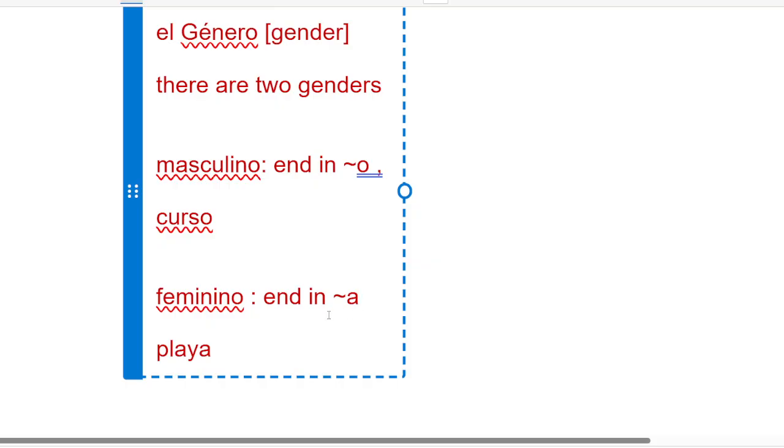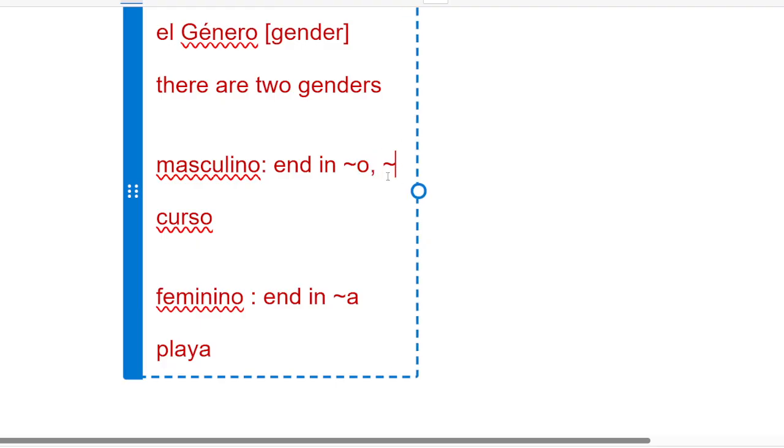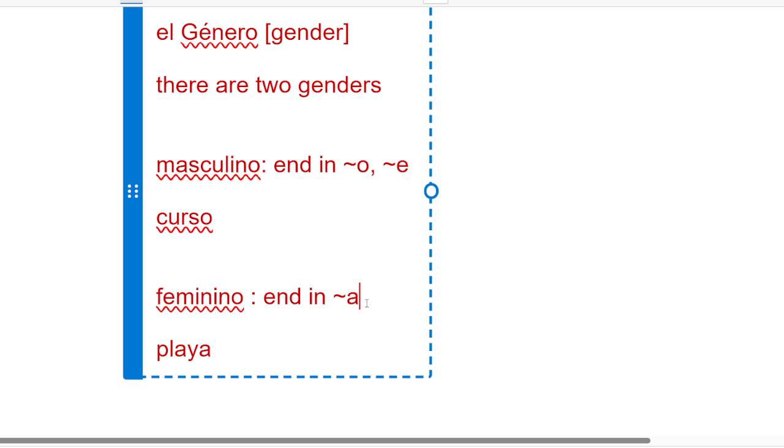Oh, sorry. Feminine end in a. I was just in a sequence. So you should write here: masculine, they also end in e, and feminine, they also end in e. But most of the time, like 99% of the time, masculine are going to end in o, and feminine going to end in a. Playa. I just forgot because I was in a sequence.